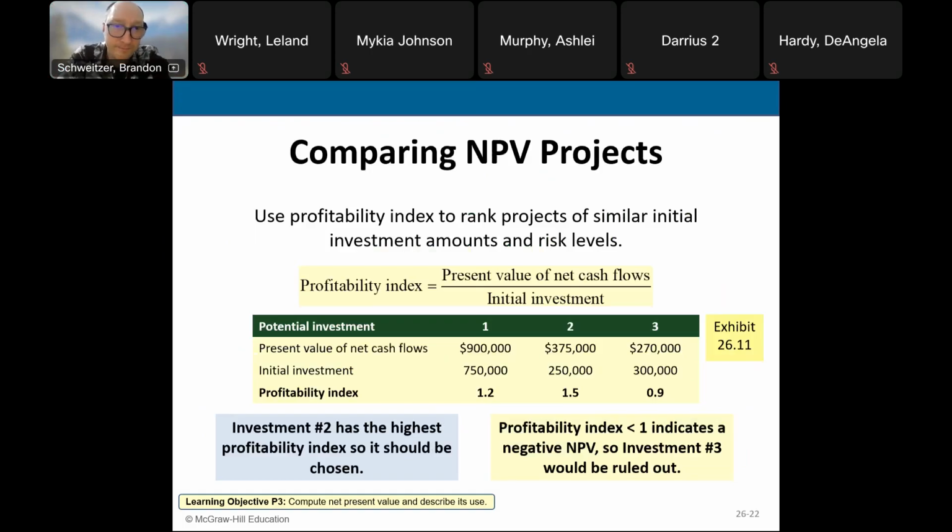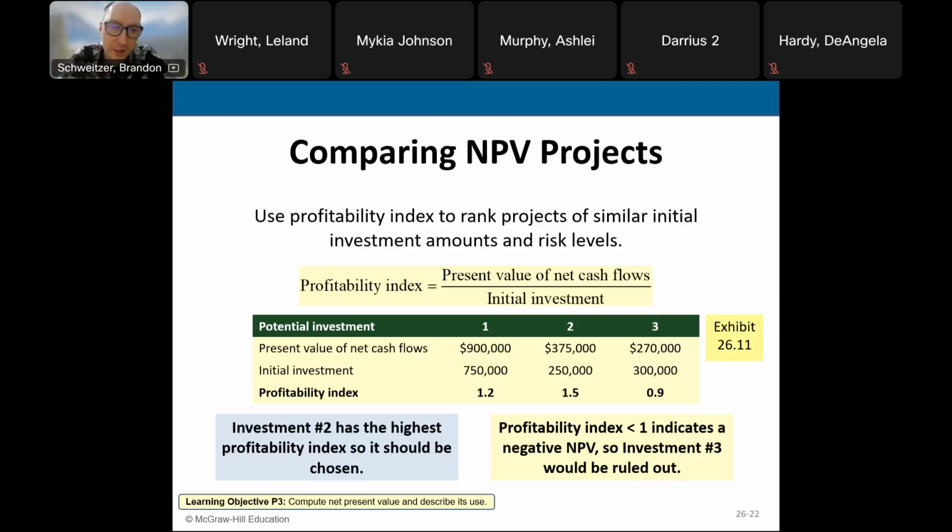Okay. We can also calculate what's called a profitability index. So if you have, let's say, multiple potential investment decisions you're looking at, we can calculate a profitability index to give you an idea of the levels of risk. It's super important for you to have an idea of how risky an investment is.